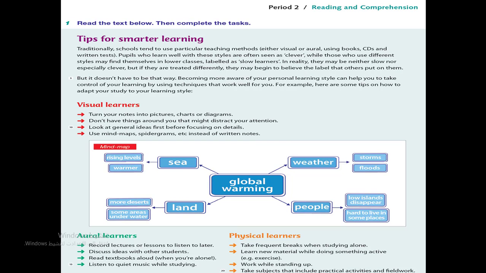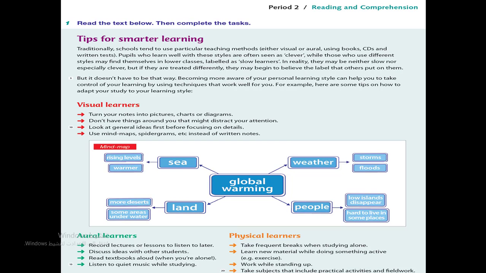The main topic is tips for smarter learning, and the other subtopics are visual learners, oral learners, physical learners. And I think that you are now familiar with those types or styles of learners.